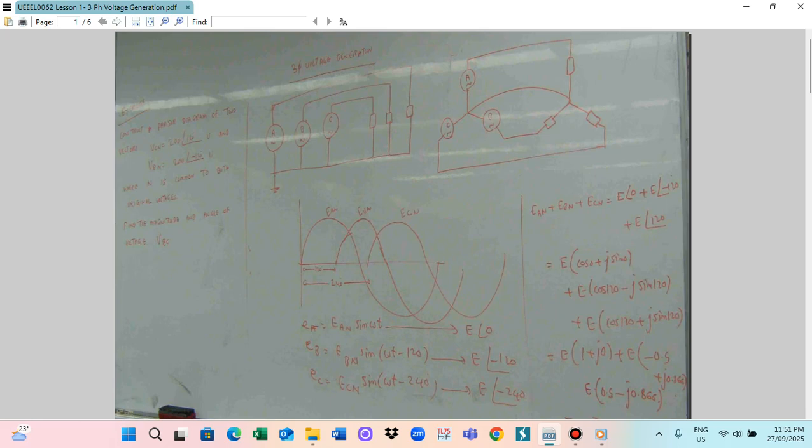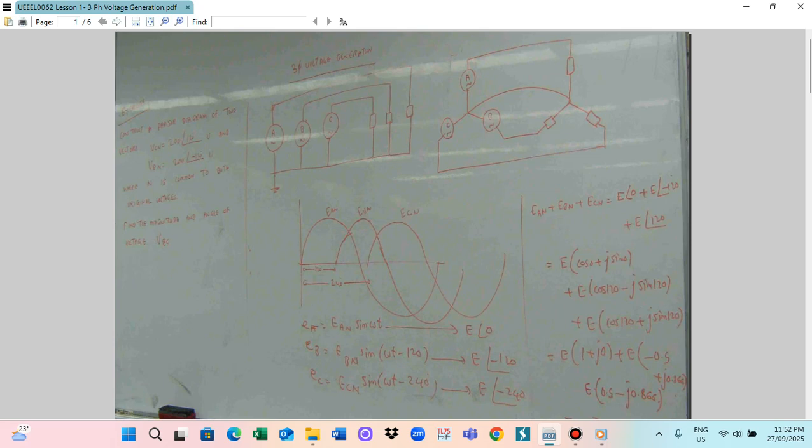This is the A phase voltage, this is the B phase voltage source, and the C phase voltage source. They connect to the load here. The load will be a star-connected load, and this neutral is connected like this. So this is a three-phase voltage generation.